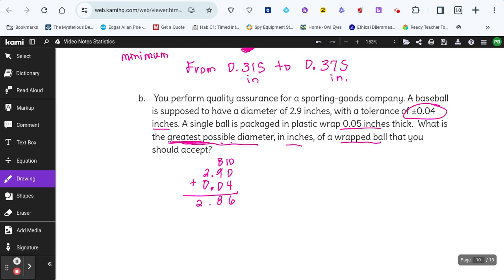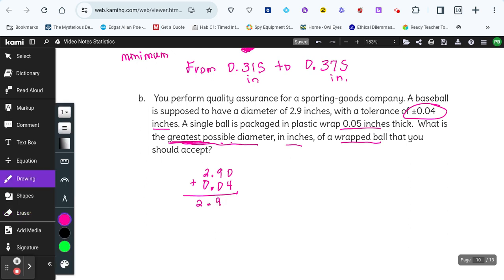Okay, so the greatest possible diameter is, why am I subtracting? I need to add. I'm so sorry, you all. I just gave you all the lowest. Okay, so the greatest possible diameter is 2.94 inches.